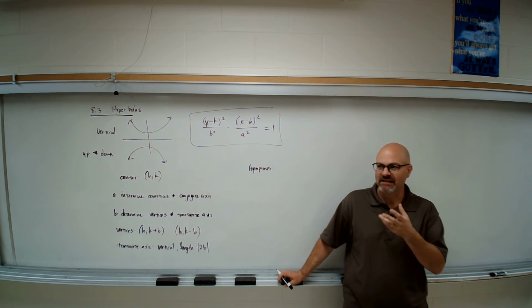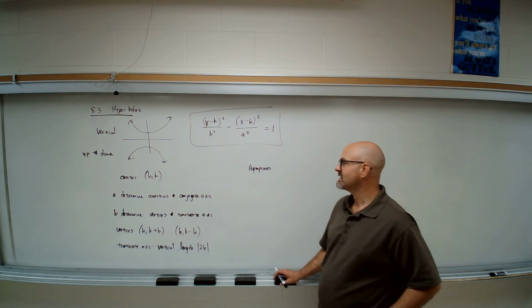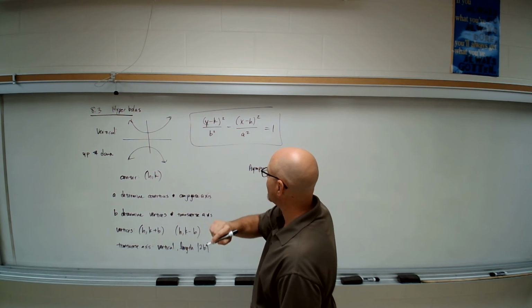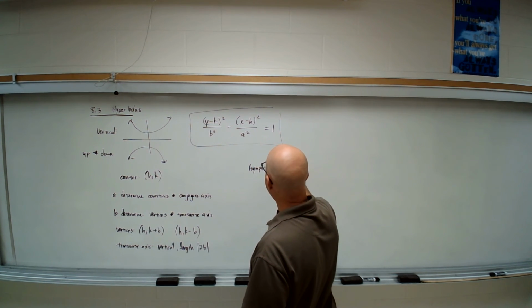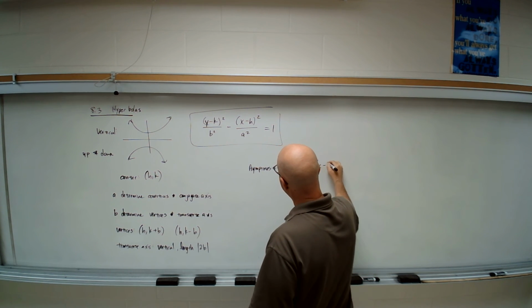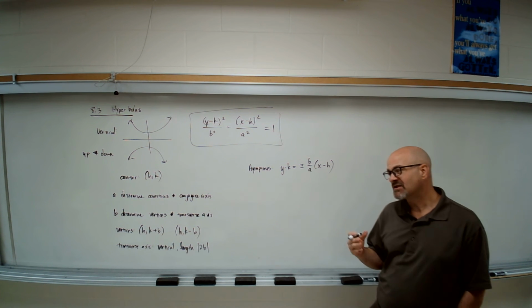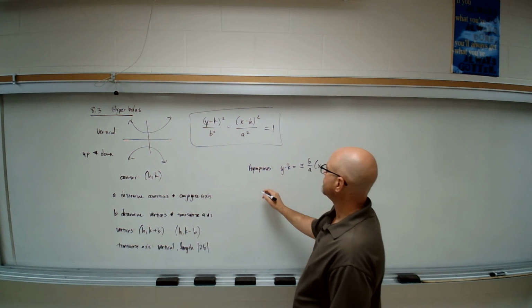I know b is the thing that's always hanging out with the y. a is always hanging out with the x. So our asymptotes here, if our center's at h, k, will be y minus k equals plus or minus b over a, x minus h would be the equation, which is a little bit strange.